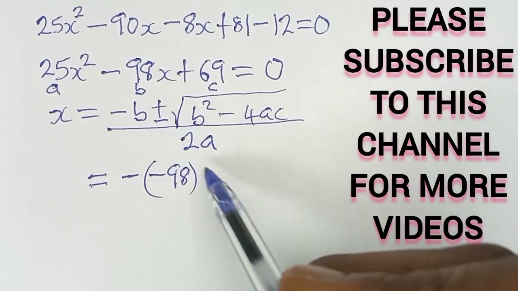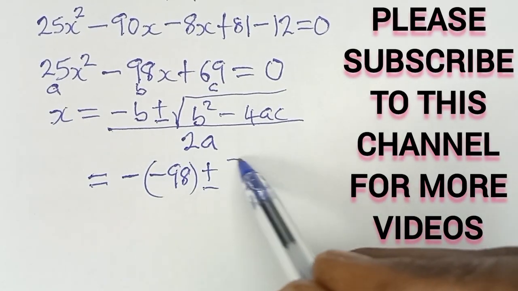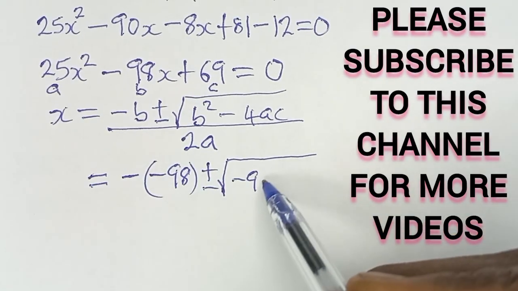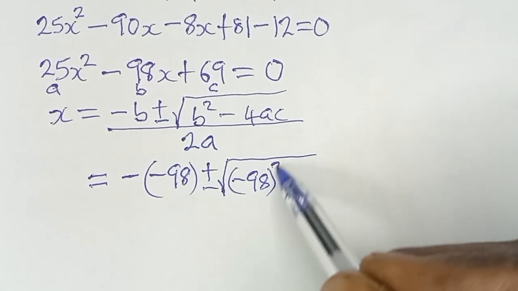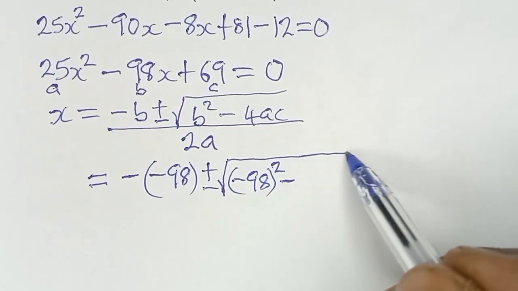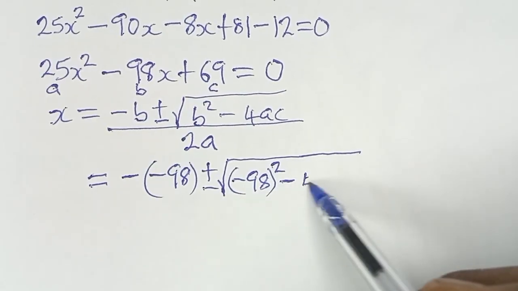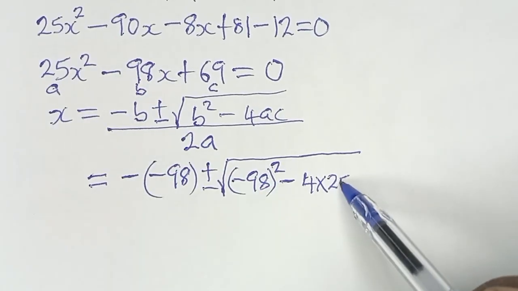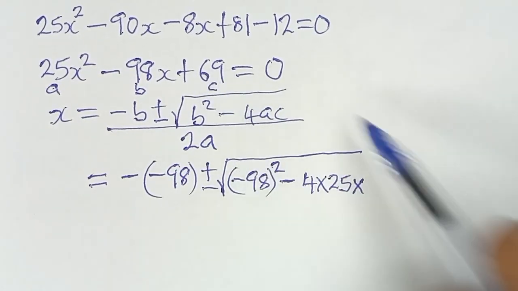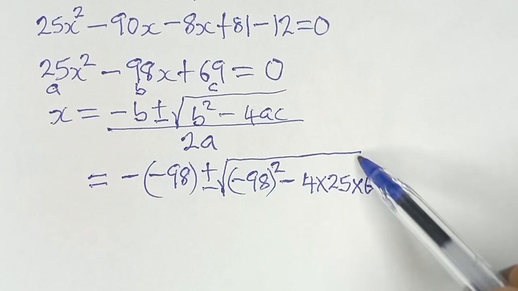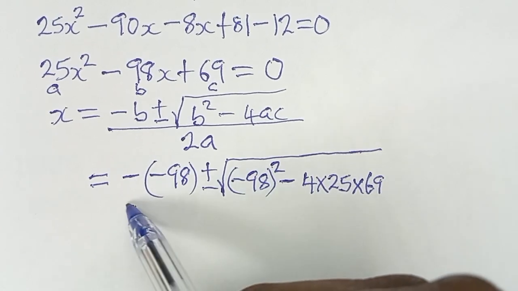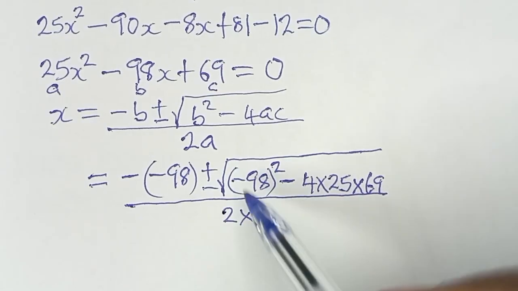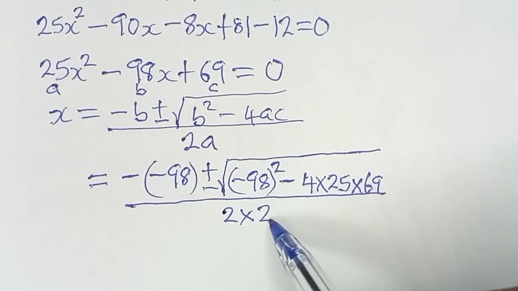And then here, I have plus or minus the square root of b squared, which is minus 98 squared, then minus 4ac. 4 times a is 25, then times c is 69. Then all over 2a, that is 2 multiplied by 25.